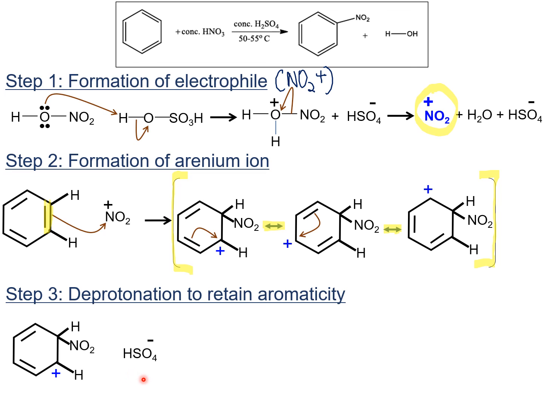So what happen here is the negative charge here, dia akan attack the hydrogen atom. Okay, sebab kita nak wujudkan kembali H2SO4, sebab H2SO4 ni adalah catalyst, so it will not being used up in the reaction. Walaupun kita dah gunakan dia dekat step 1, you have to form dia balik.